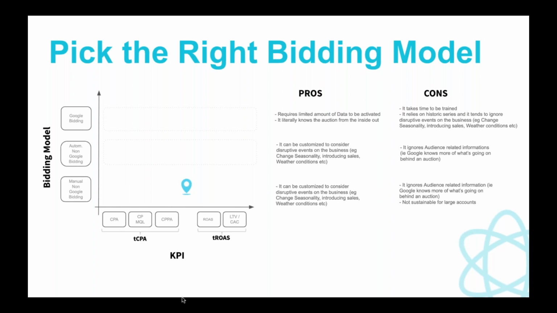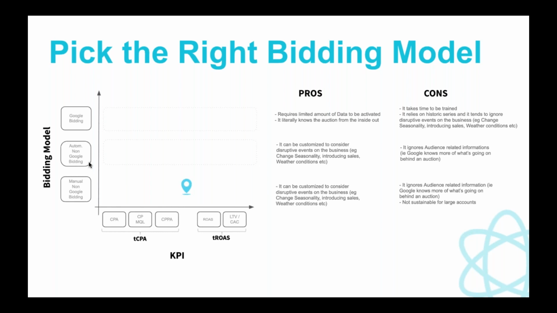In the target CPA, we can divide it by CPA, cost per marketing qualified lead, or CPPA. And then we need to pick if we want the manual non-Google, the automated non-Google, or the Google Smart Bidding. My suggestion is, I cannot think of any case where I would prioritize the manual non-Google over the automated non-Google.